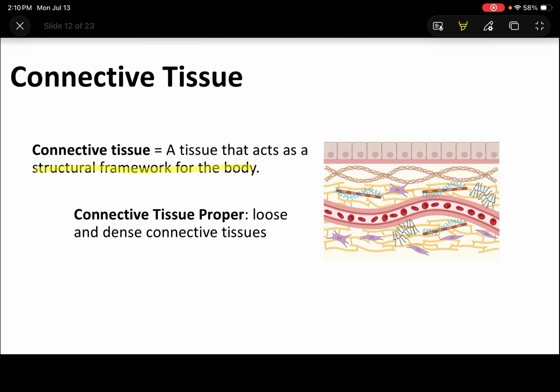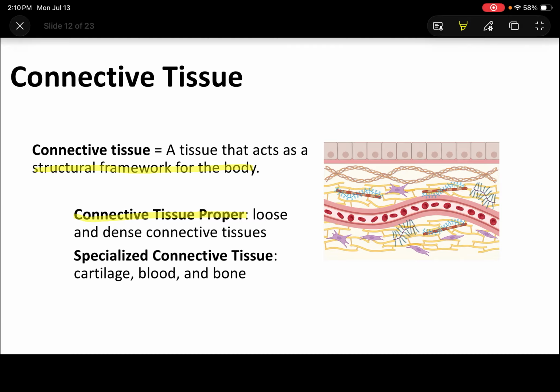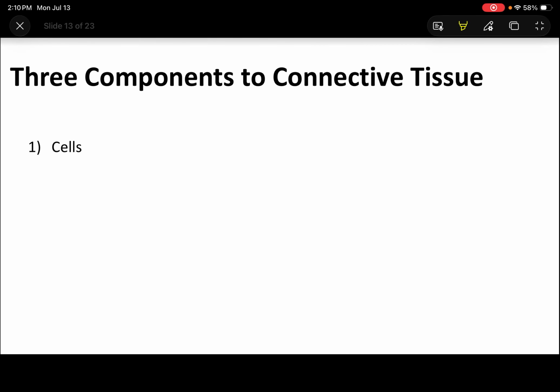There are two major types of connective tissue. We have connective tissue proper, which consists of both loose and dense connective tissues, and then we have specialized connective tissues. Cartilage, blood, and bone are all considered connective tissues. I'll have a slide later talking about these specifically, but let's first talk about connective tissue proper.